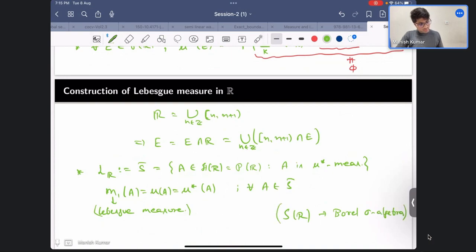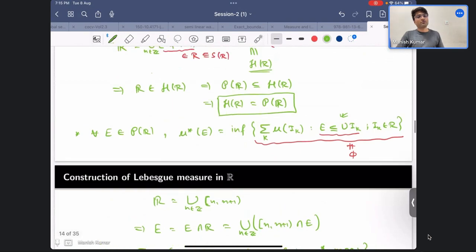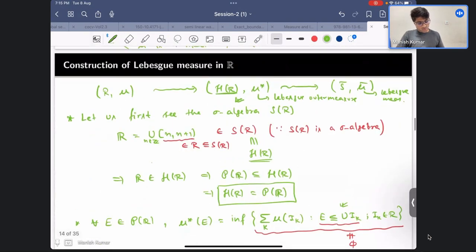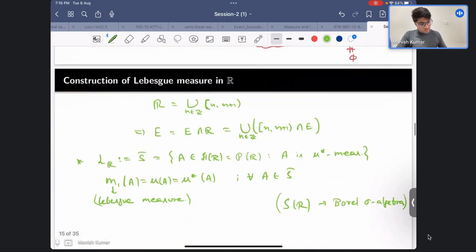Earlier, when we were constructing this S bar or H of R, and more specifically this S of R, we were saying this is a sigma ring in the earlier construction. But now I'm saying this is a sigma algebra, and the name is because of the mathematician.